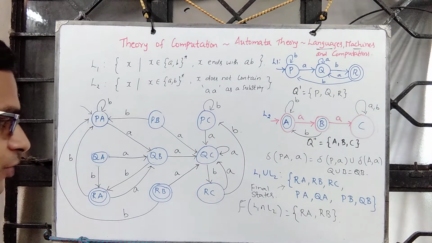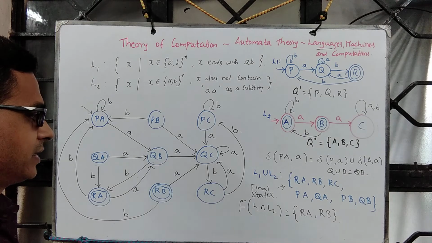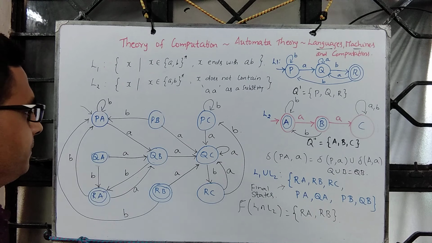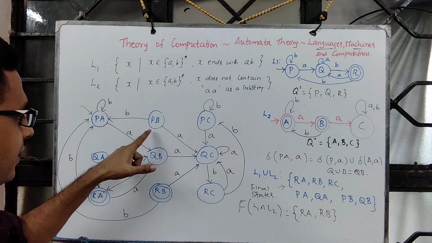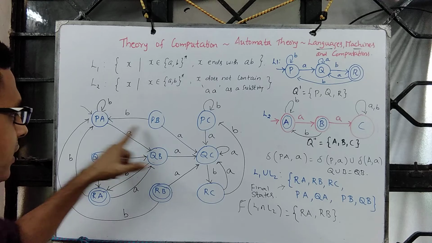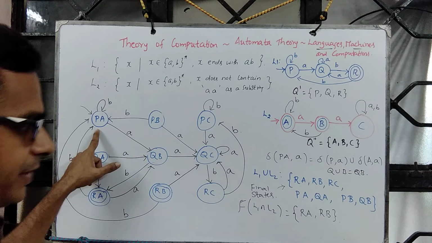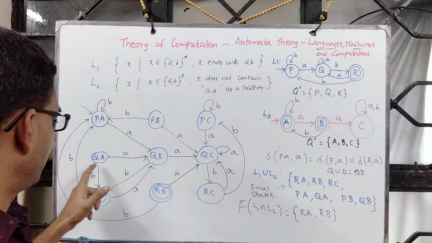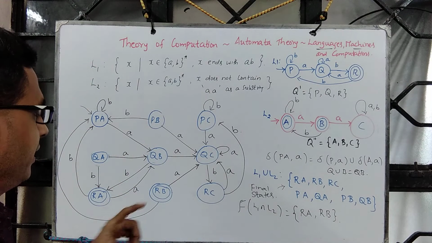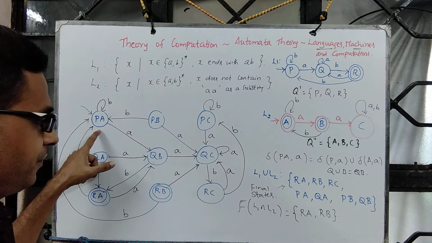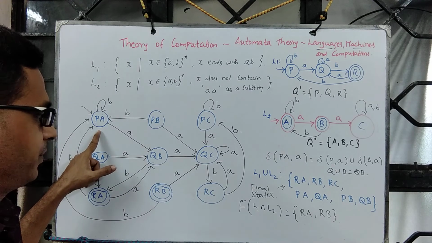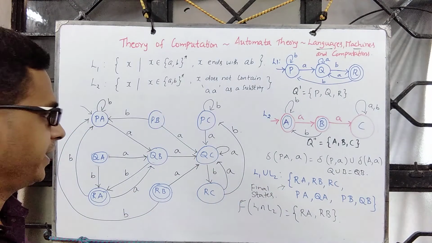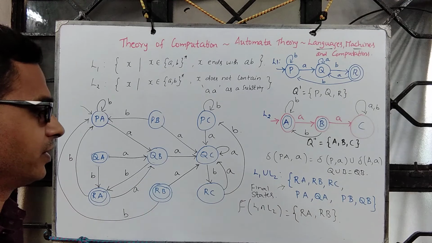For example, when you start constructing a minimum state automaton, you can start pruning all that. On a similar line, this state one cannot reach starting from this, because ultimately one should reach some of the states, right? PA, PB, QA, RB, and all of this, unless we reach starting from here, such states can be removed from the automaton. Be it L1 union L2 or L1 intersection L2, the scenario is the same.